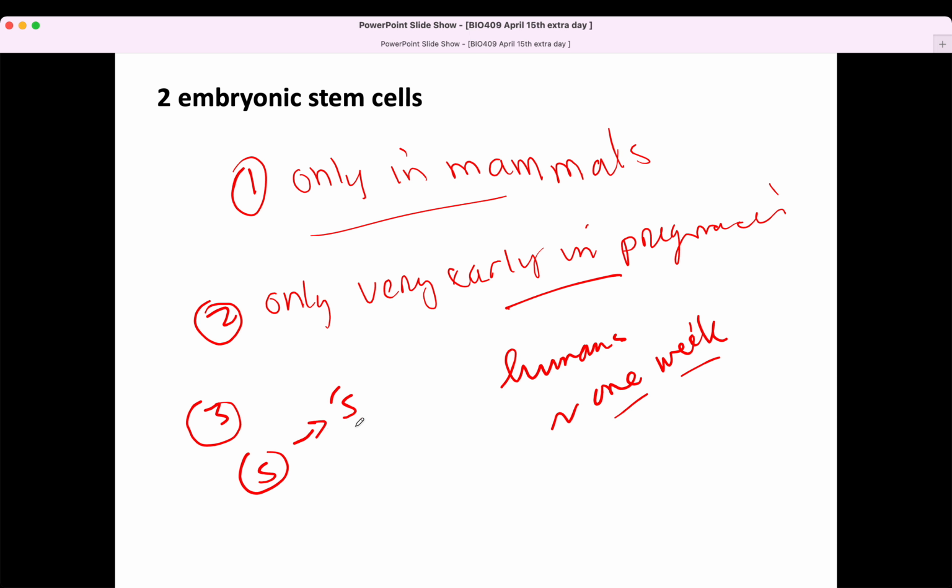They divide symmetrically, right? Stem cells have an option how to divide. These embryonic stem cells are dividing symmetrically. We're in an embryo, and they're just increasing the number of these cells in the embryo. Okay? And I think those are the features of embryonic stem cells that we want to mention up front, like this list. Only in mammals, only very early, for only about the first week in humans, pre-implantation embryo, and the cells are dividing symmetrically, increasing their population.